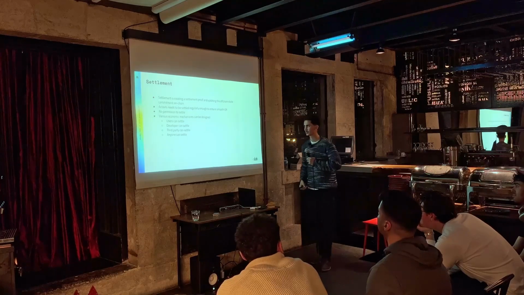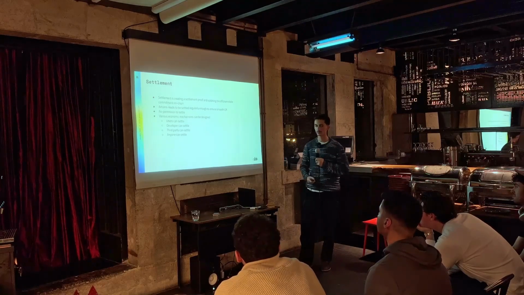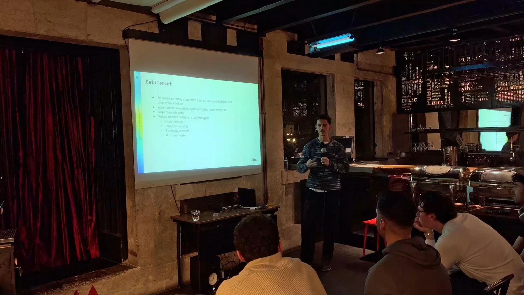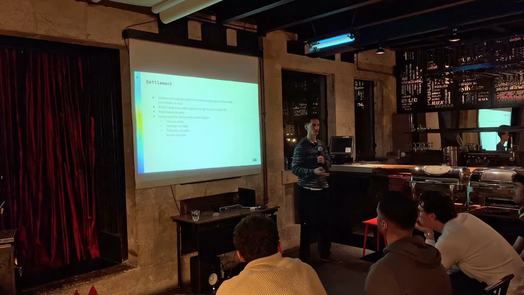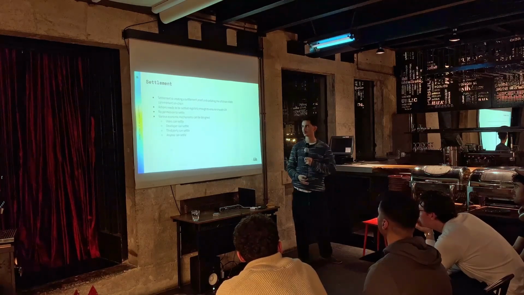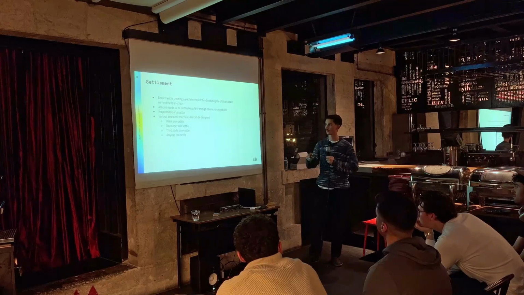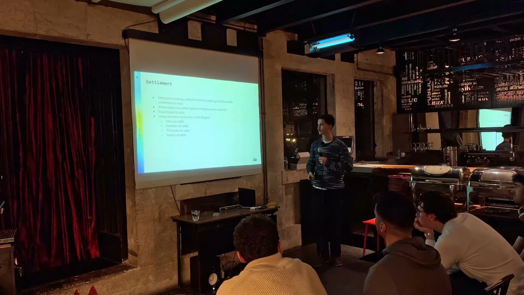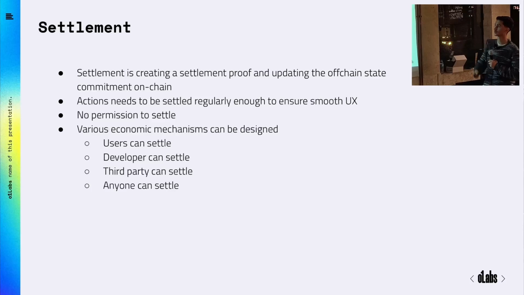Also, settlement is a topic in itself because it's a lagging state like actions and reducers. So we need to provide some nice UX. Settlement is creating a settlement proof with a ZK program and updating the off-chain state commitment on-chain.